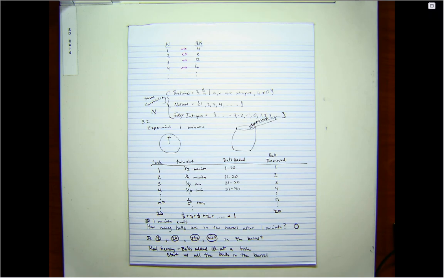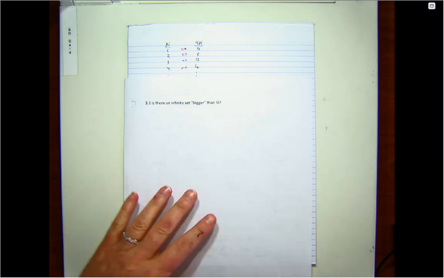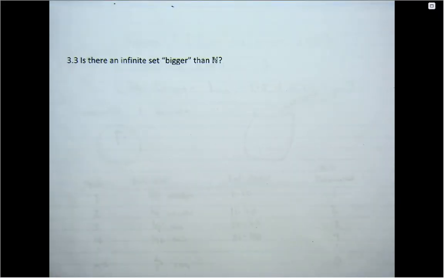Well, we're going to continue our search for larger sets in section 3.3, because at this point it looks like all of the infinite sets we have are size n. In 3.3, the question starts off, is there a set larger than n?